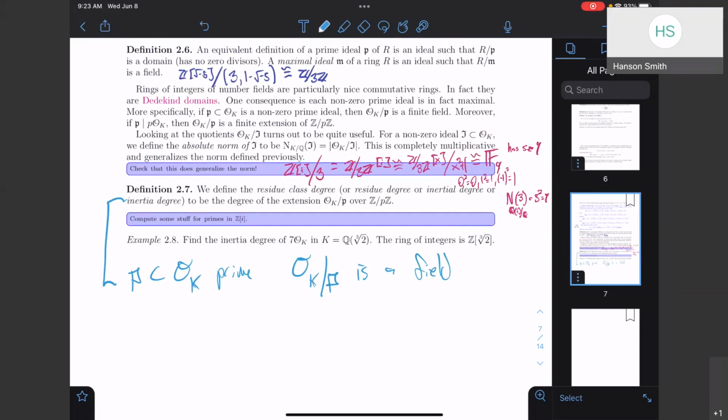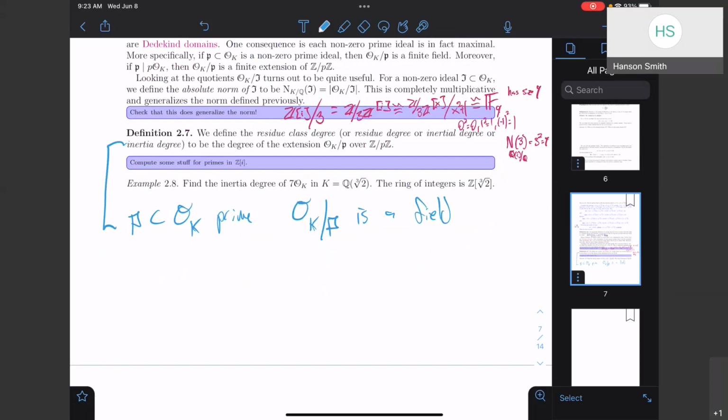In fact, it's a field extension, as we saw in this tiny little scribbled example here, of Z mod pZ for some p.